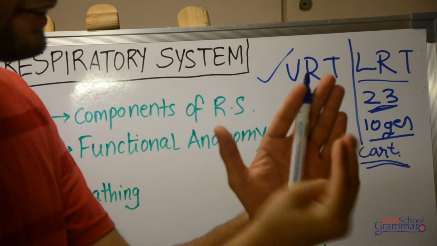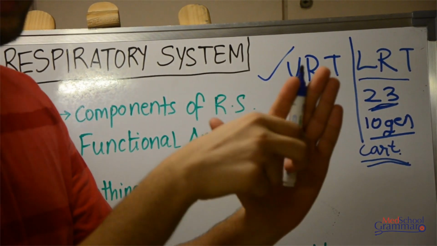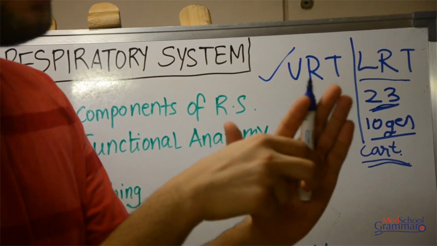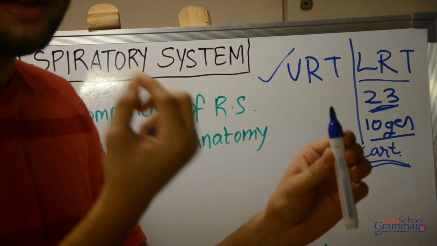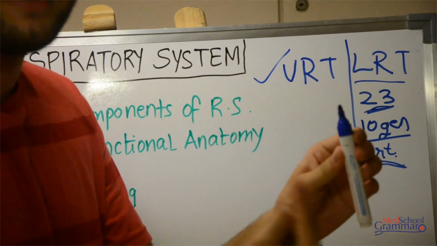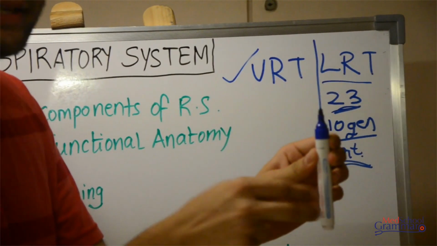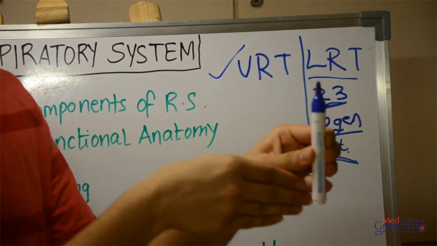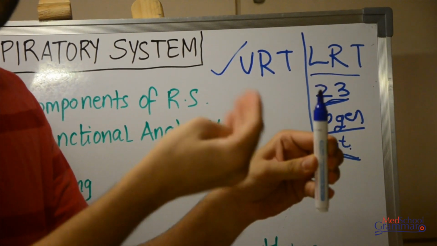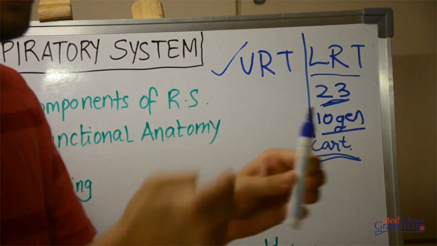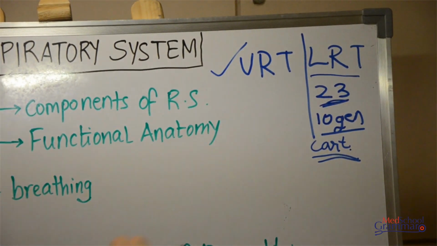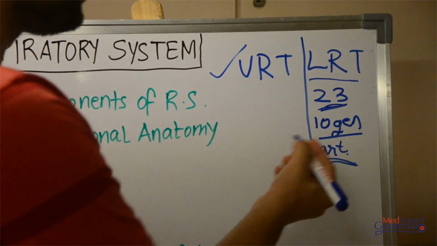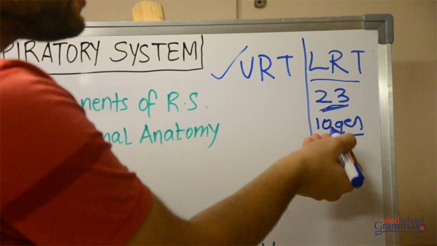The C-shaped cartilage present over here keeps the trachea sturdy and stiff so that it doesn't collapse. And if you notice, I said C-shaped, and it's not a complete ring because posteriorly it is related to the esophagus. If there is cartilage behind, the esophagus may get damaged, or it may hinder the movement of food from the esophagus. So the first 10 generations of the tract contain cartilage. This was about the first 10 generations.